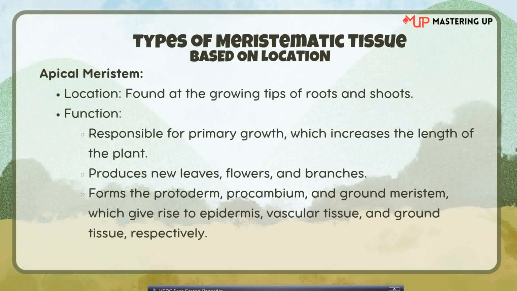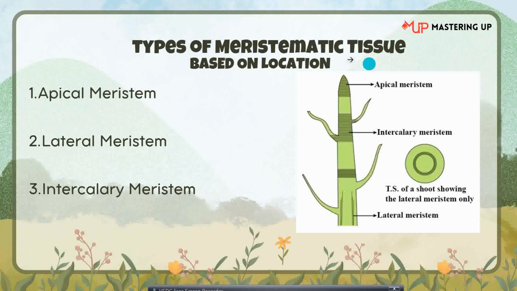Apical meristem, its location and function. Apical meristem is found in the growing tips of root and stems, and it is responsible for primary growth, which increases the length of the plant and produces new leaves, flowers and branches. It forms protoderm, procambium and ground meristem, which give rise to epidermis, vascular tissue and ground tissue respectively.